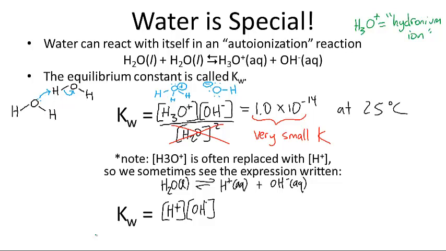Unless you're out in the middle of space somewhere and there's no other atoms around, someone is going to share a pair of electrons with that H plus. So H plus on its own doesn't really exist. So just recognize this is shorthand for this.